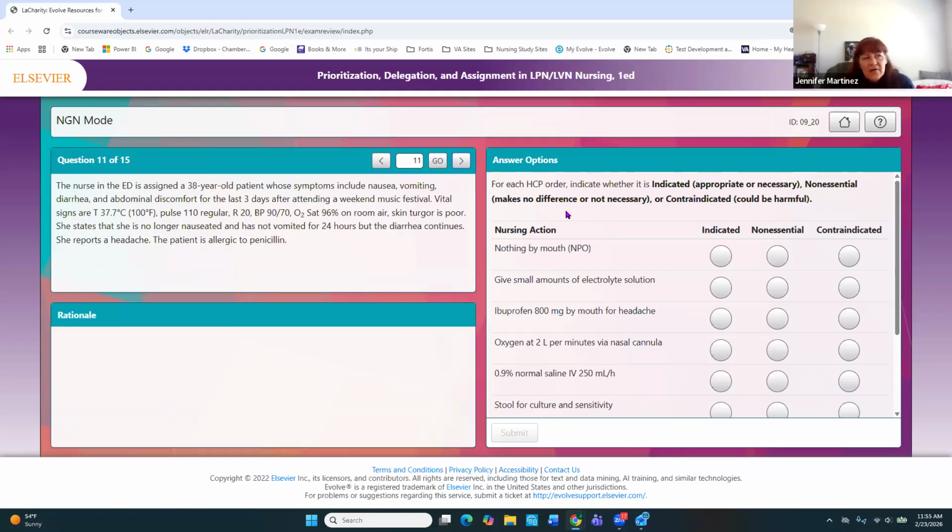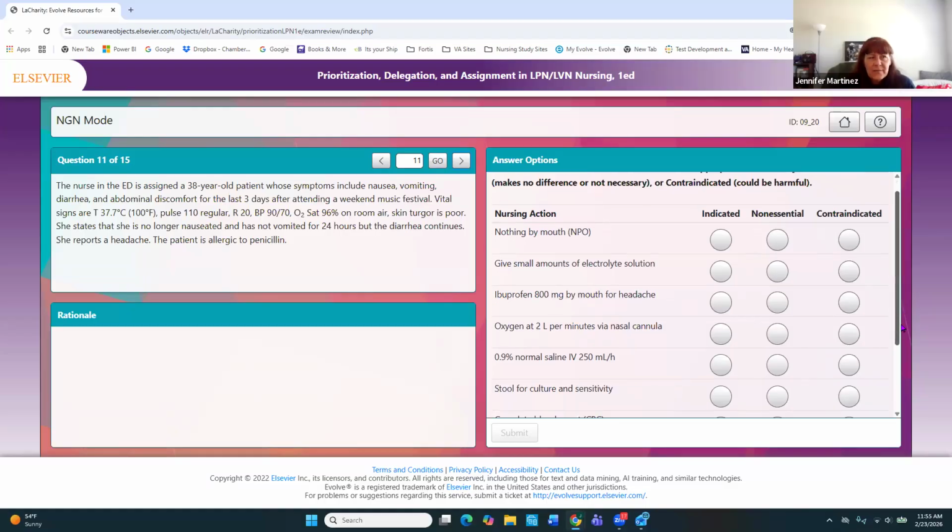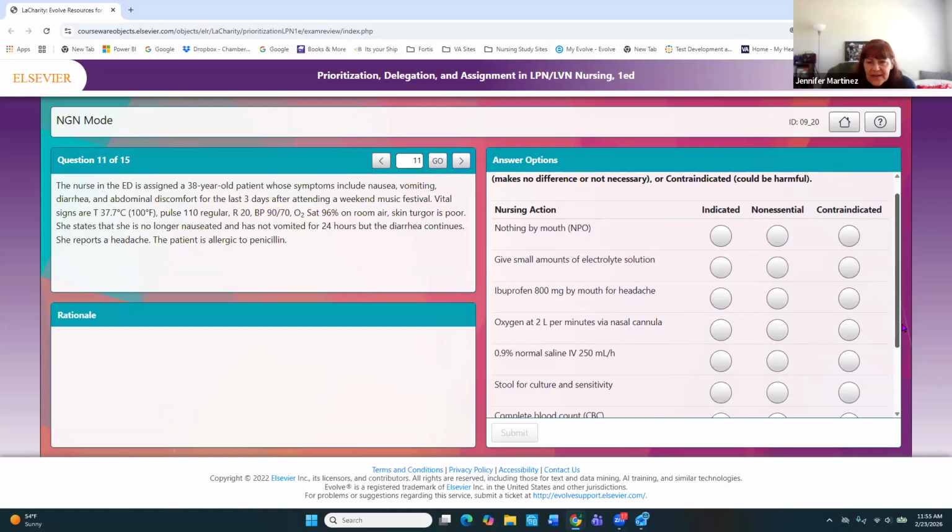So, for each healthcare provider order, indicate whether it is indicated, non-essential, or contraindicated. So, NPO, would that be indicated, non-essential, or contraindicated? Indicated. All right. Give small amounts of electrolyte solution. Indicated.